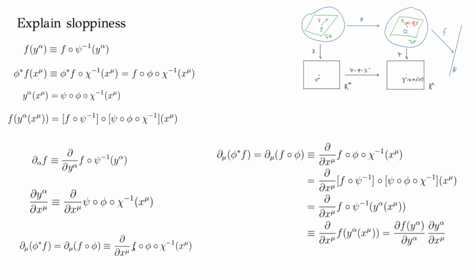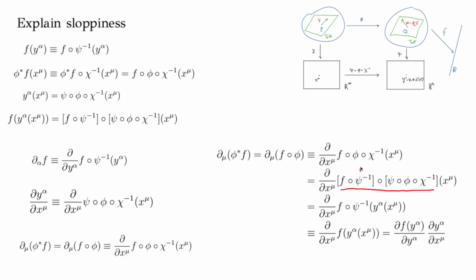Then I can do this computation and compute the derivative of the pullback of f with respect to x mu. So this is actually the derivative of this function here, which can be written as this function here.